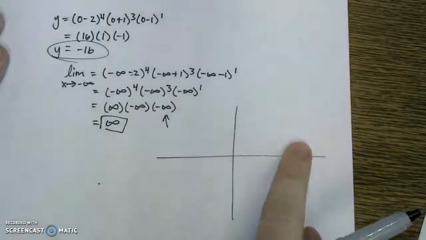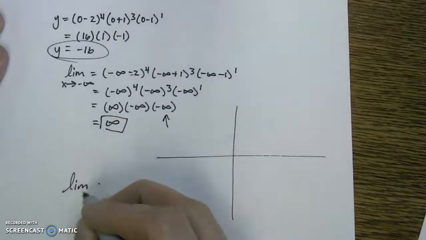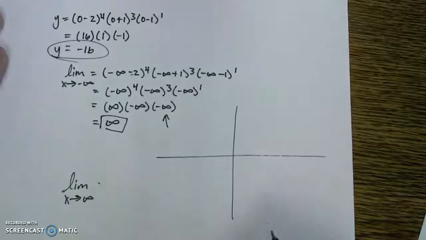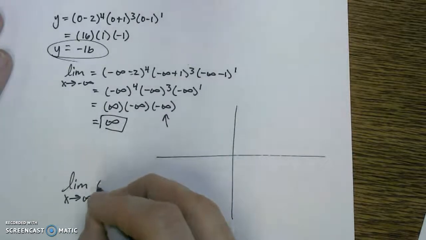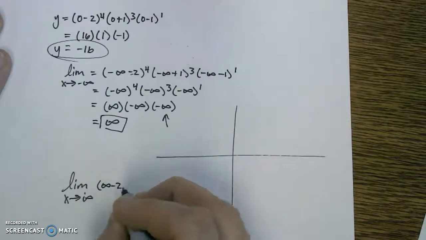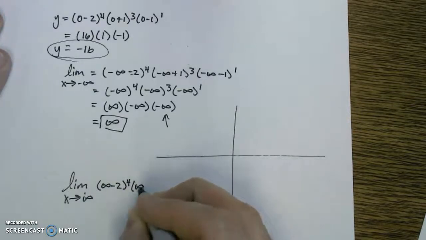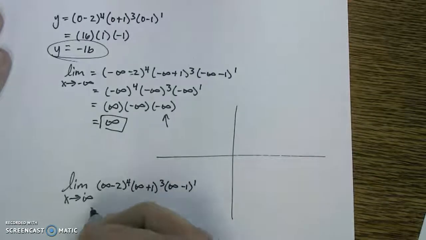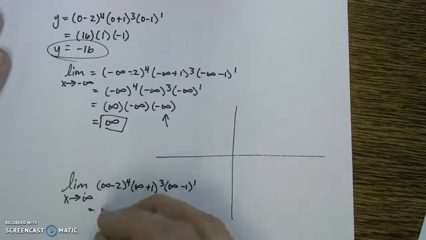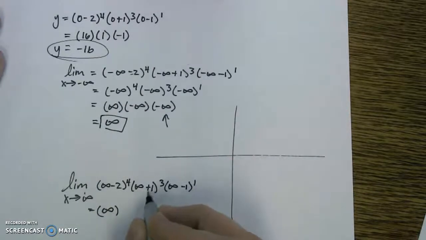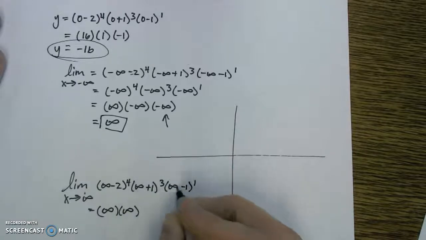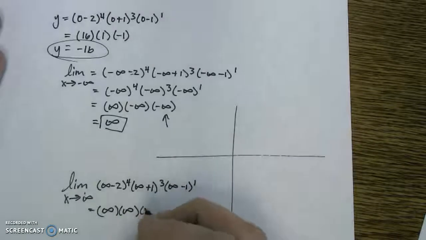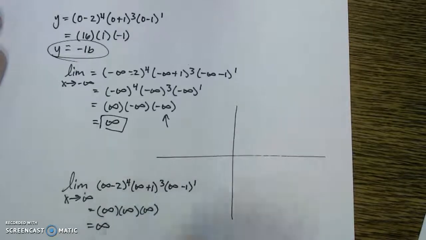Now we want to figure out what goes on the right. So we find the limit as x approaches positive infinity. And we plug positive infinity in for all those x's. So we're going to have positive infinity minus 2, positive infinity plus 1, positive infinity minus 1. That would be positive infinity to the fourth, which is infinity, positive infinity plus 1, which is positive infinity, positive infinity minus 1, which is positive infinity, positive.